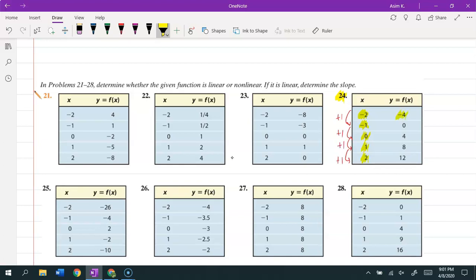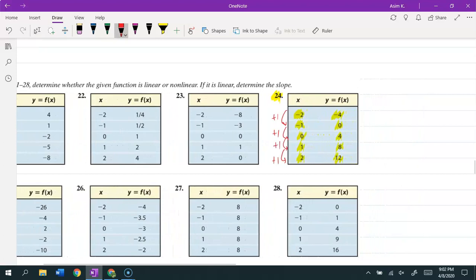Now take a look at the y values, right? So the y values are in this other column. And in this other column, what's happening with these y values is they are increasing as well. And the question is, how much are they increasing by? They seem to be increasing by 4 every single time. And so when you notice that the y's and the x's are increasing by the same amount every single time, this is a line, right?